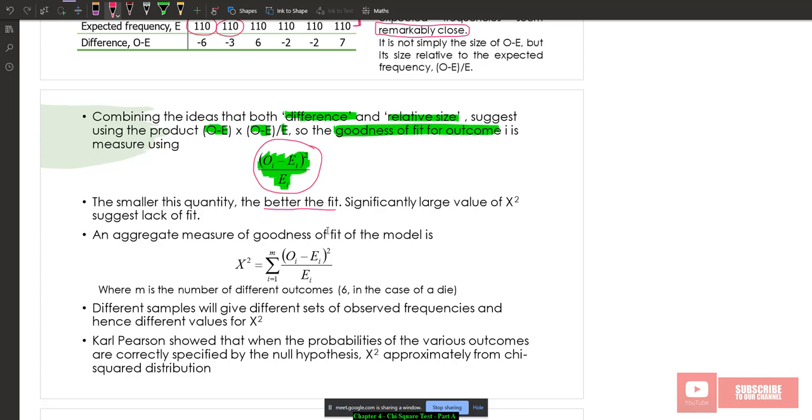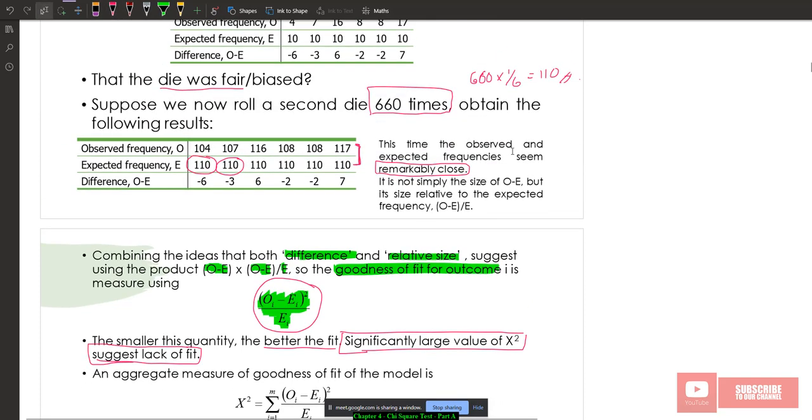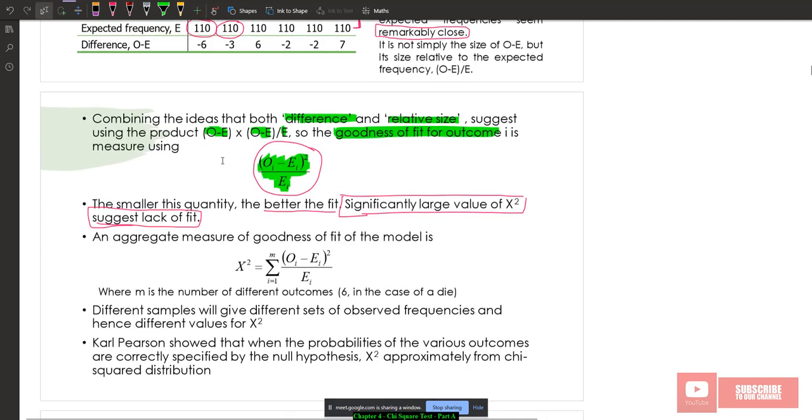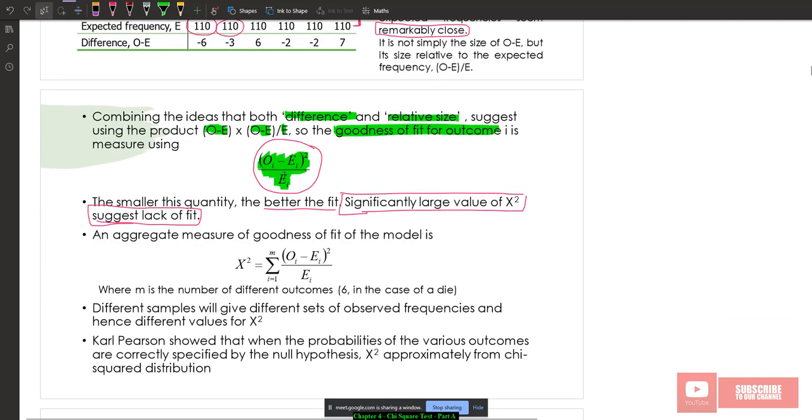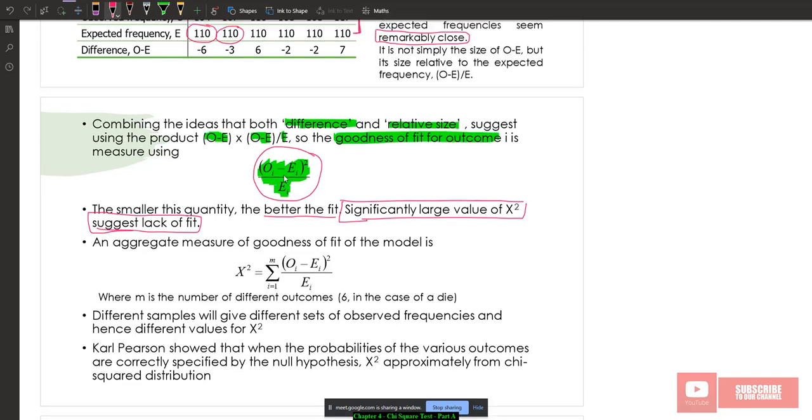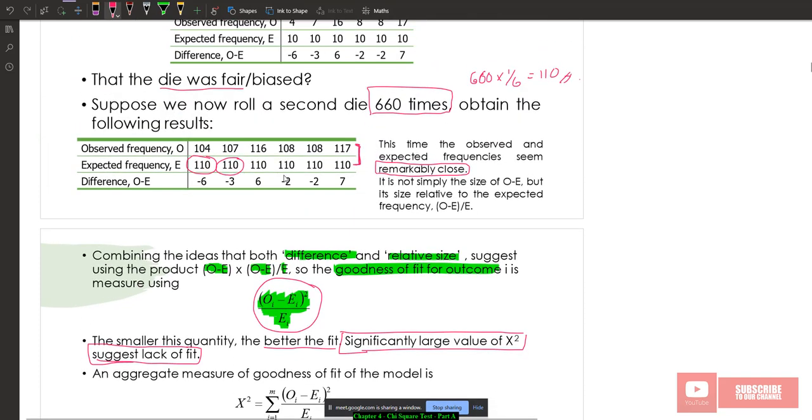Any significantly large value of chi-squared suggests a lack of fit. This is based on our simulation. You can try to prove this by doing a simulation of this experiment. So the aggregation for each outcome is the goodness of fit.